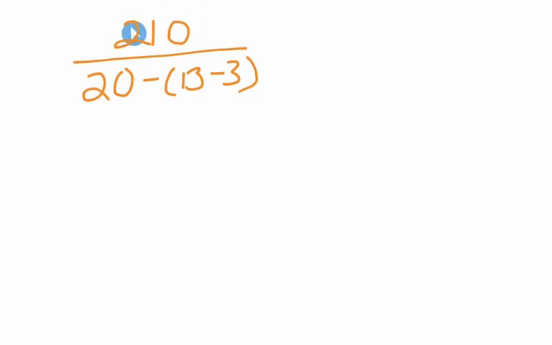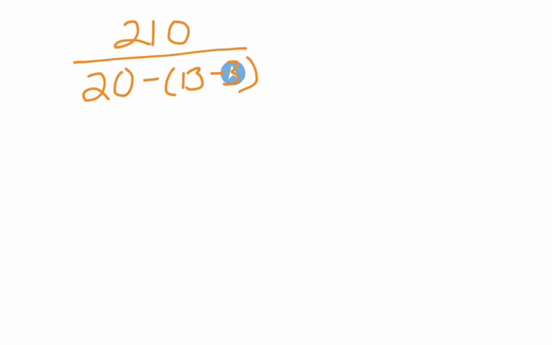So you've got the 210 on the top, and then this is functioning like a grouping symbol, and it's grouping the 20 with the 13 minus 3. Sometimes you'll see an extra set of parentheses around that for calculator purposes. You don't need it if you're not using a calculator, but depending on the calculator you use, you might need to add that in, because that's grouping it together.